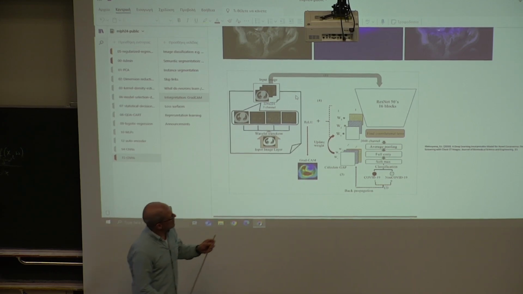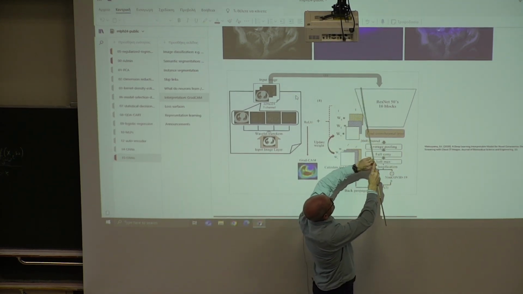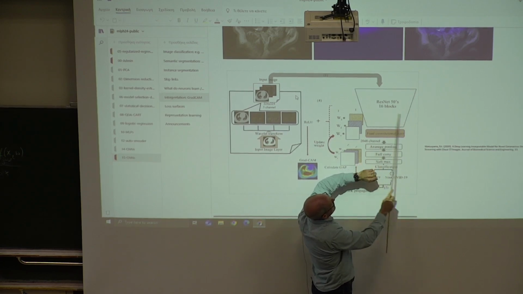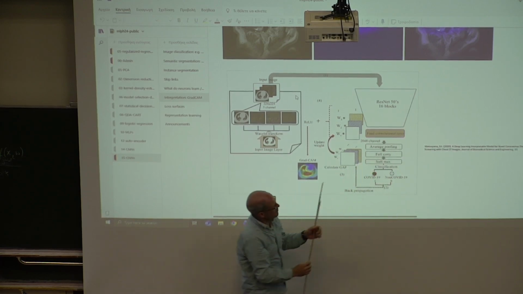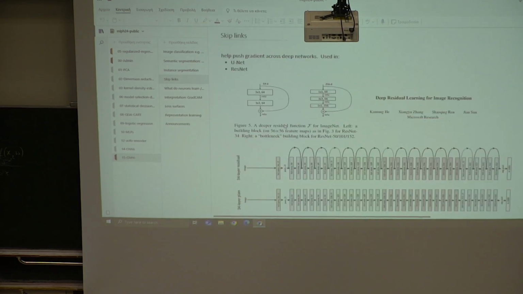This type of structure is meant to say we go from the original resolution of the image to increasingly lower resolutions with increasingly more channels. Let's look again at the original ResNet paper.